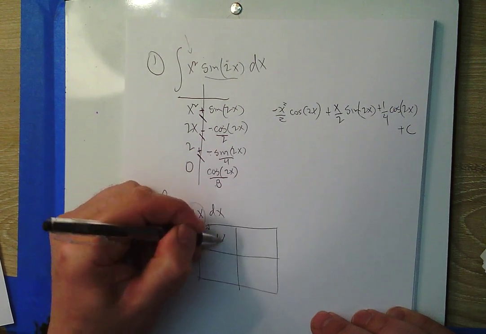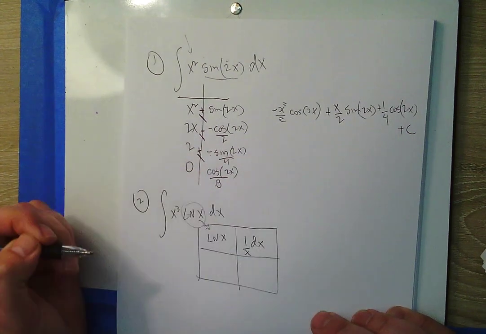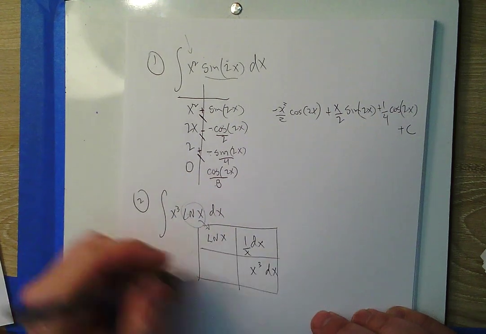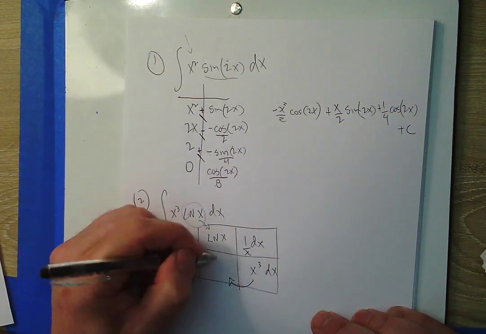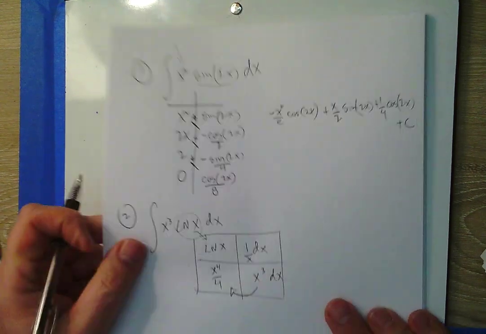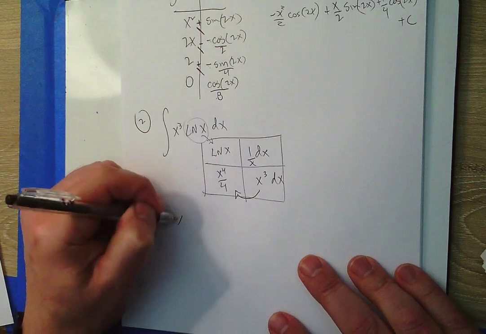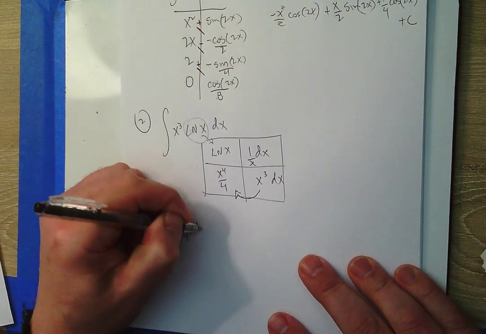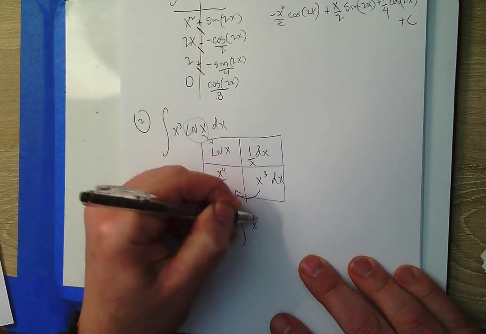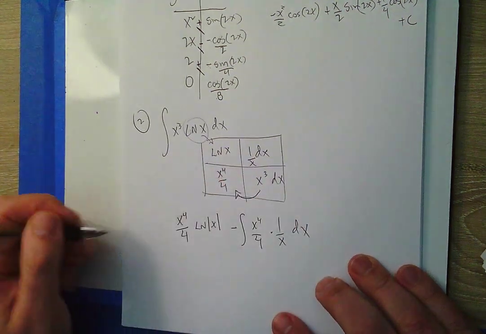And so I'm putting ln of x here and 1 over x dx here. And that means that this has to be x to the third, which means the antiderivative is x to the fourth over 4. So when I integrate this, I'm going to have x to the fourth over 4 ln of x minus the integral x to the fourth over 4 times 1 over x dx.